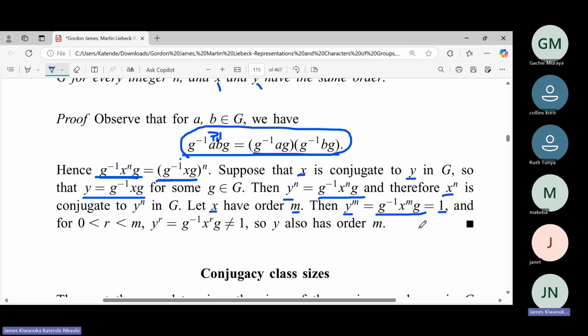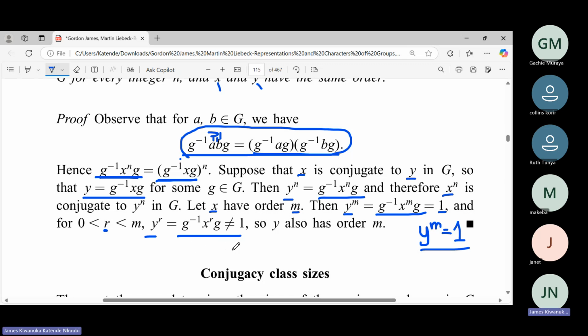So that means we have y^m equal to 1. What's left is to show that m is the smallest positive integer that satisfies this equation. If you pick any other smaller integer r, then y raised to r will be in this form, which cannot be equal to the identity because x raised to r will not be the identity.